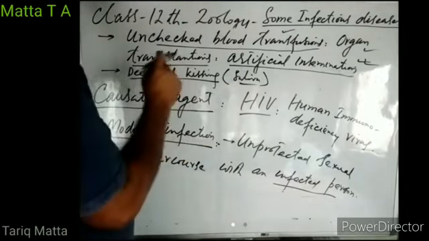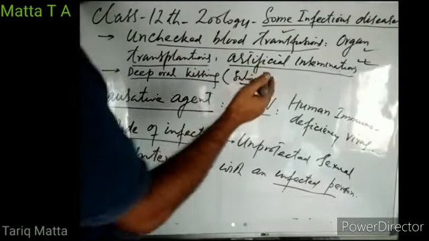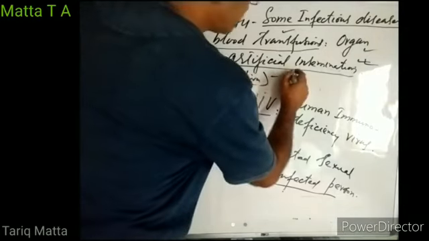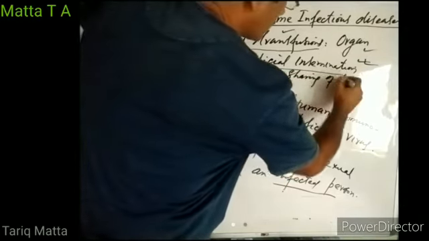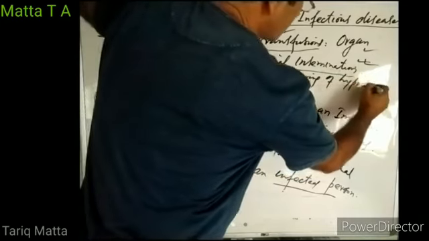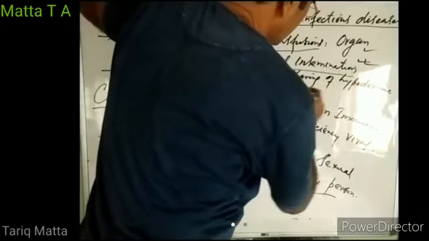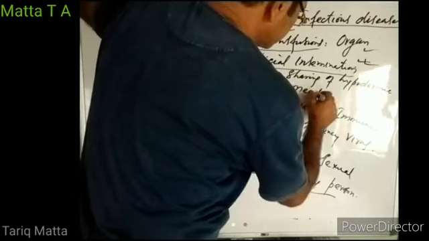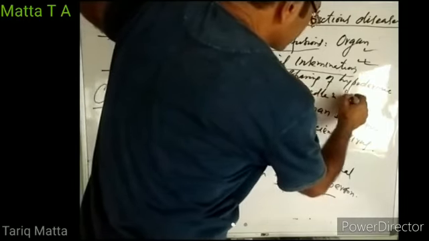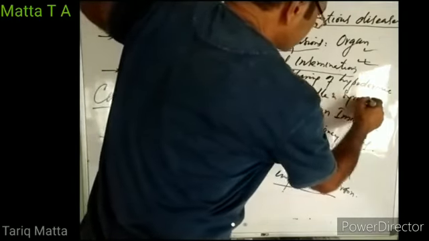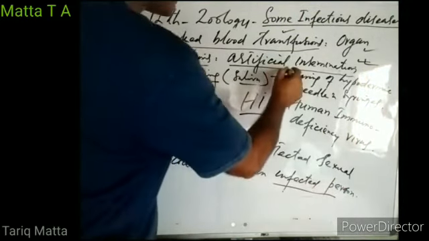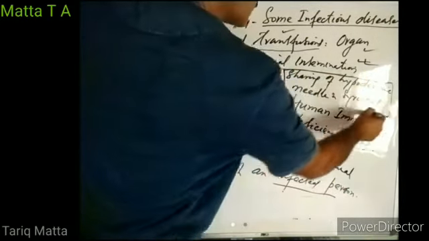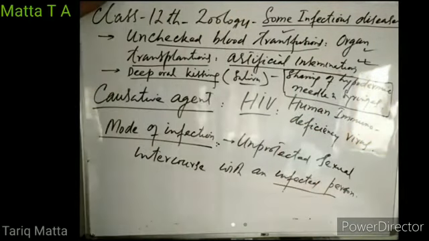It is also spread from an infected person to a normal person by sharing of hypodermic needles and syringes. This is the most common method of spread of AIDS in drug addicts.